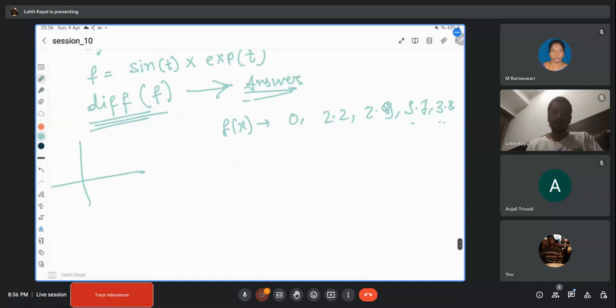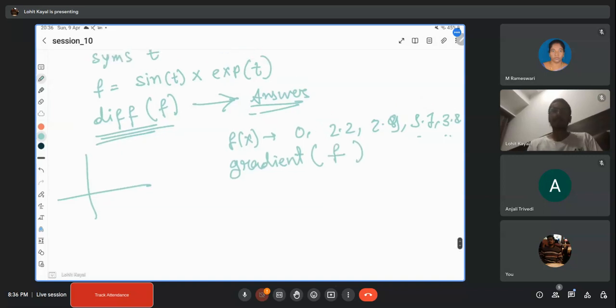For that, there is an inbuilt command in MATLAB called gradient of f. Suppose you defined your f like this, a vector, and use gradient.